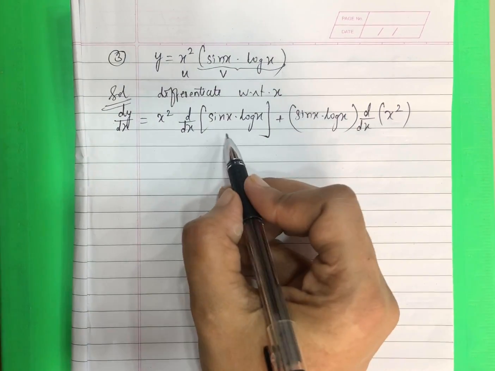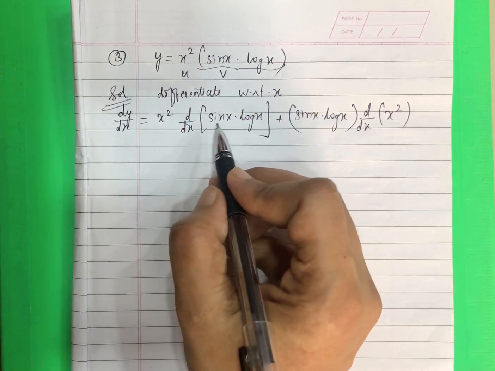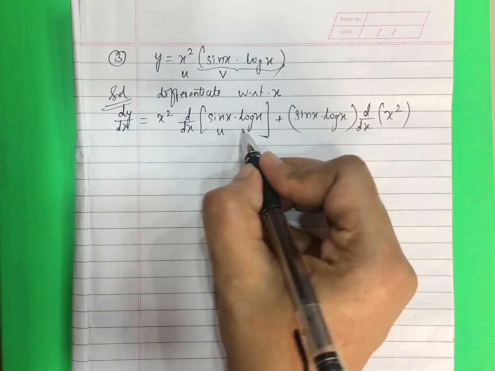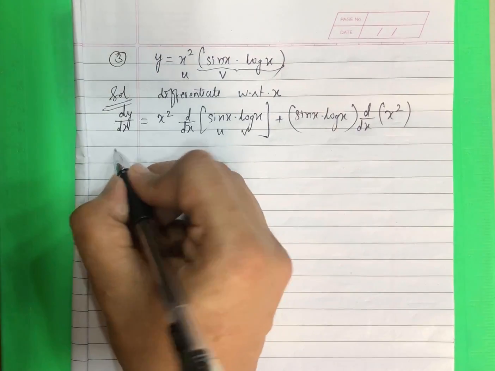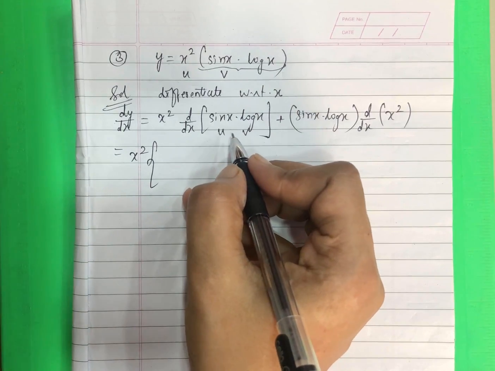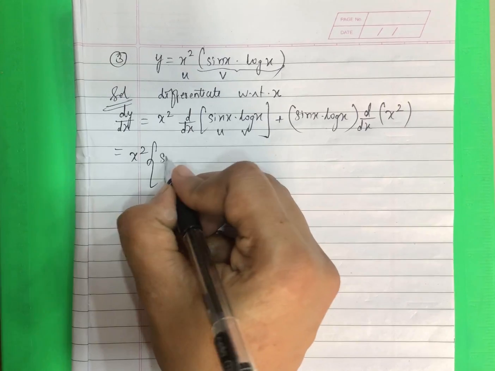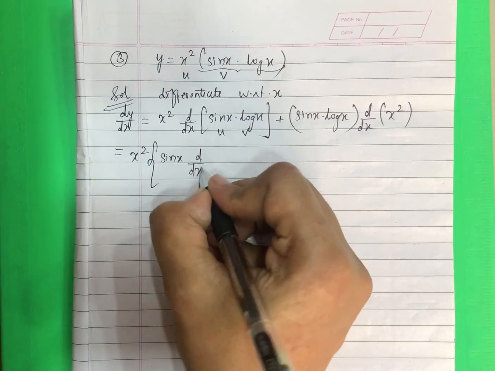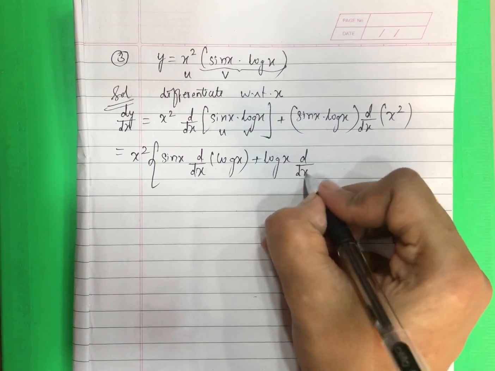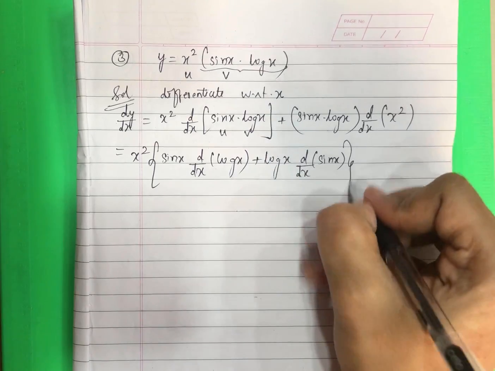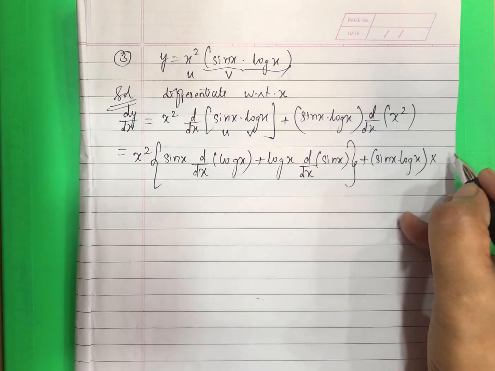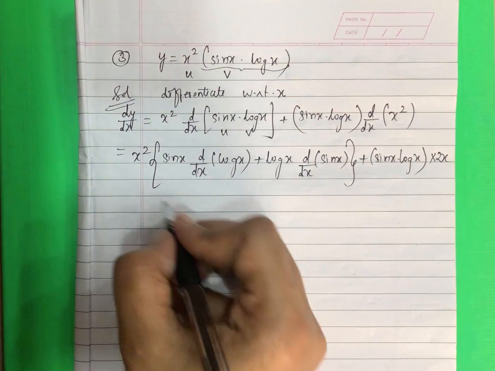Guys, do remember that we cannot differentiate this directly. These are again the two different functions. So we need to differentiate this by again using the formula u dot v here. So we can write x square bracket, apply the formula for u dot v again here in this bracket, that is sin x d by dx of log x plus log x into d by dx of sin x, bracket close, plus sin x dot log x into the derivative of x square is 2x.